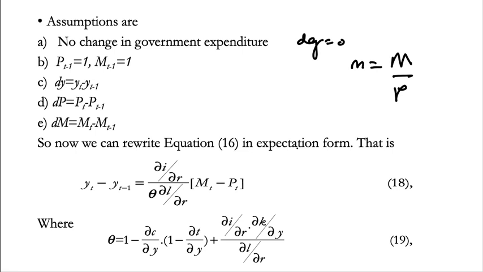Now, if you use all of this assumption here, put in 16 and then do some maths, bring to the left, bring to the right, you can get equation 16 in expected form, because equation 16 itself is in static form. In the expectation form here, you can see theta is this.